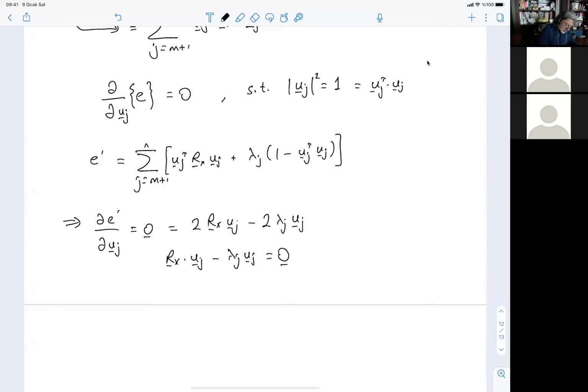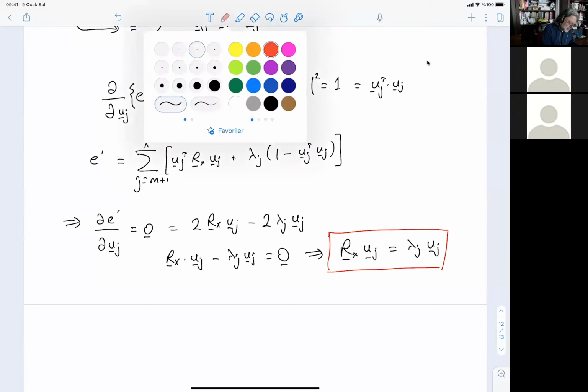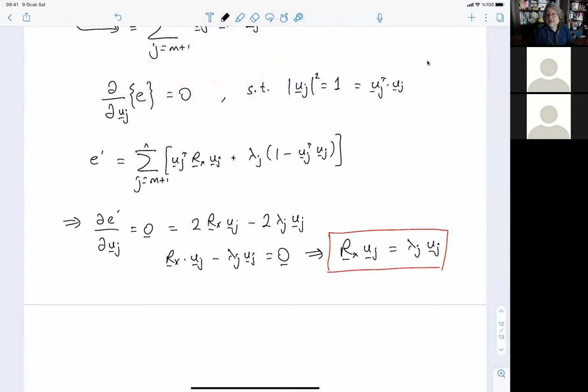And essentially, it makes a 0 vector for our case. And it gives us Rx uj is equal to lambda j uj. Let's put this in a red box because it didn't give us the result, but it almost gave us the result.